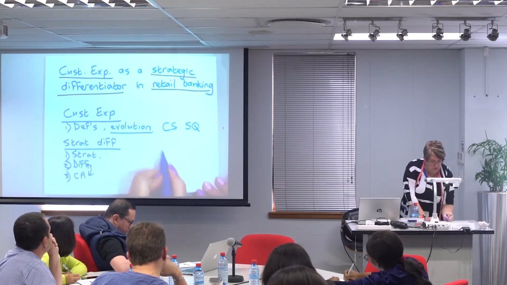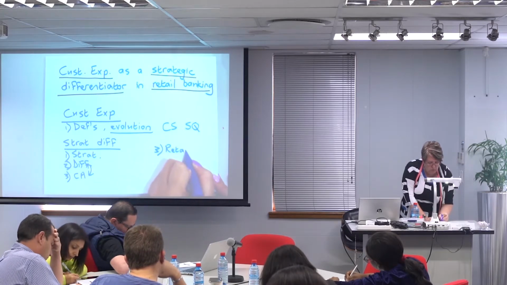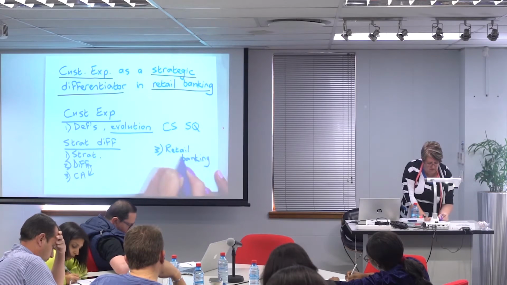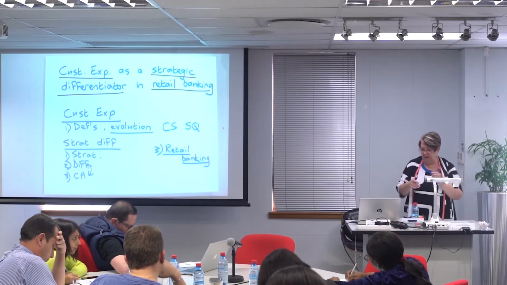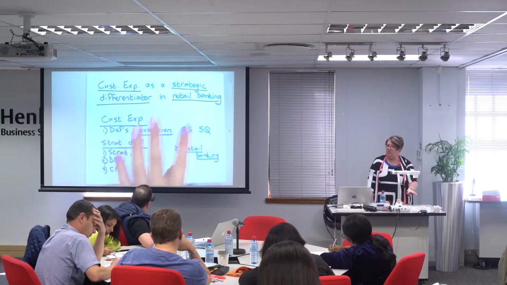And then the third area is retail banking, which was more of a fact-finding exercise to say that there are so many retail banks in South Africa, this is how big they are, this is what they do, this is how their turnover is, their profitability. And by gathering all this evidence, I could then start putting a literature review together that would lead me to solving my problem.